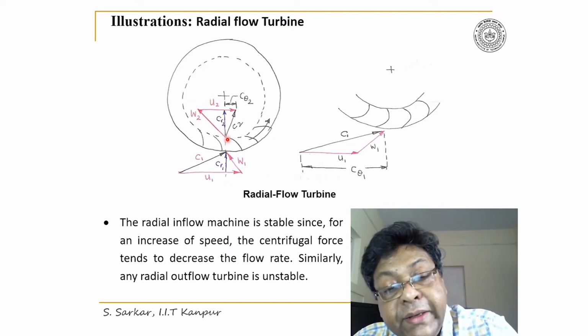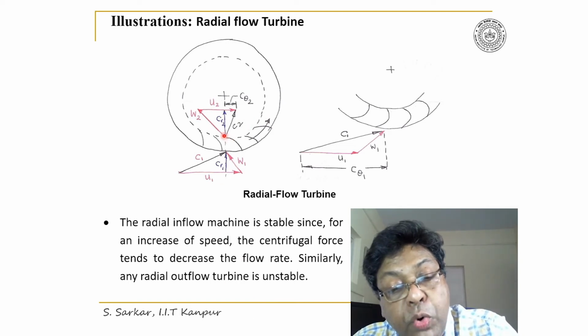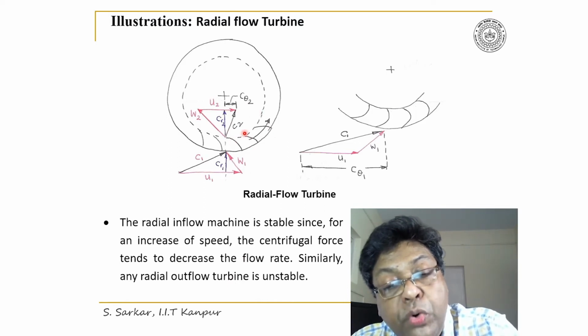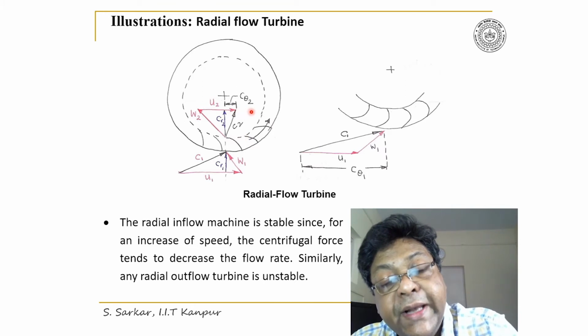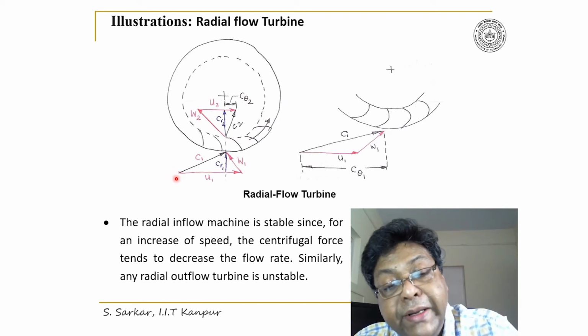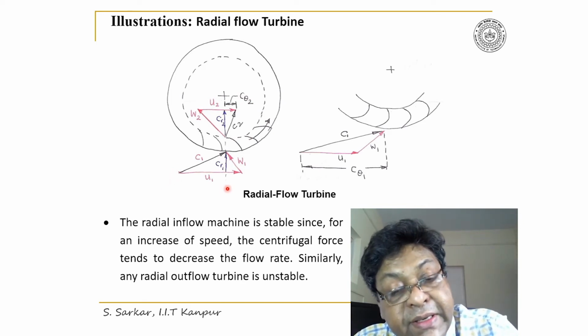At exit, W2 plus U2 would be equal to C2, and the radial component is CR2. And tangential component of C2 is C theta 2. And similarly, tangential component of C1 at inlet is C theta 1.